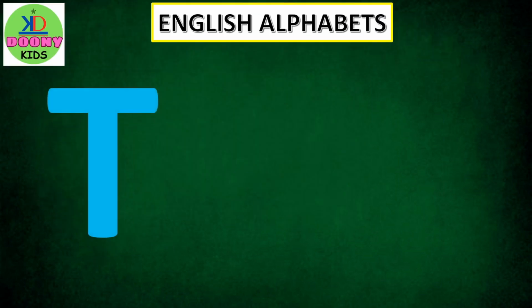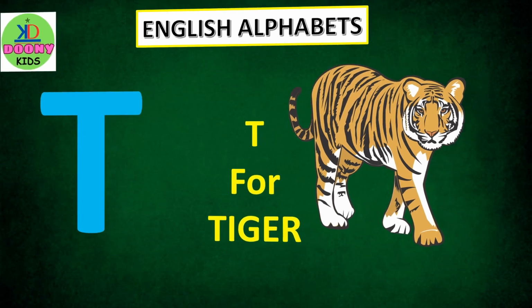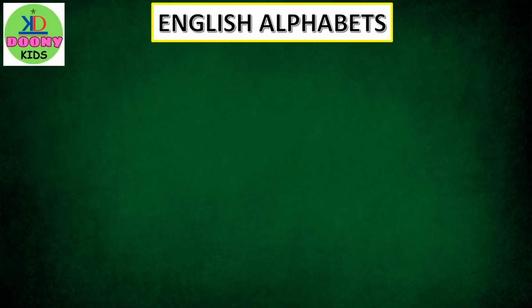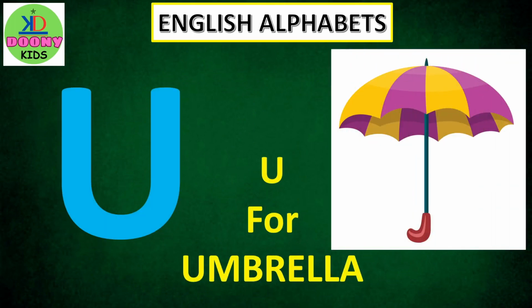T. T for tiger. Tiger, tiger. U for umbrella. Umbrella, umbrella.